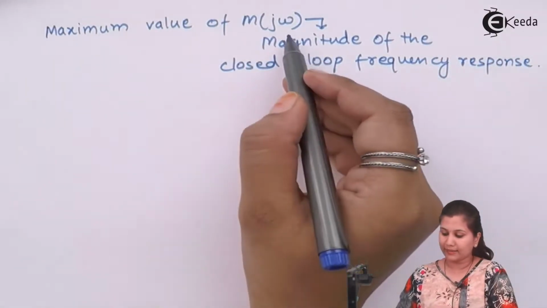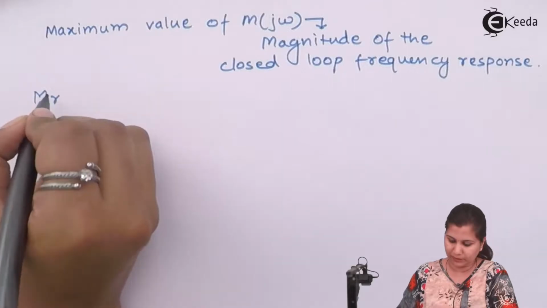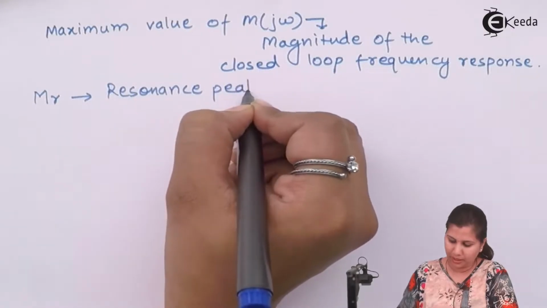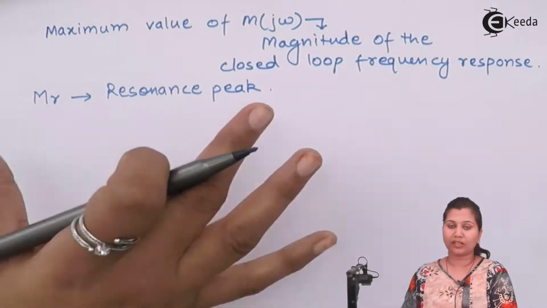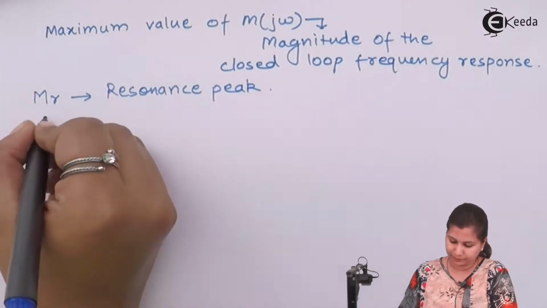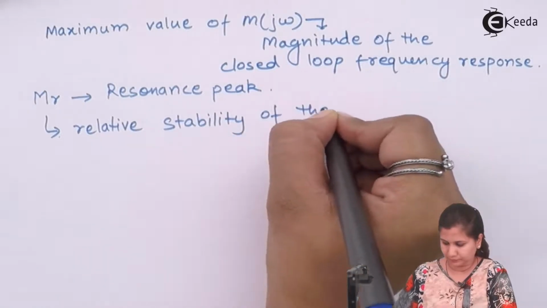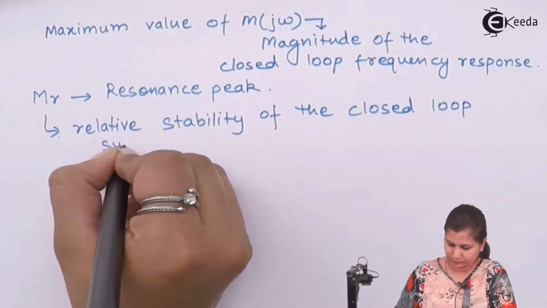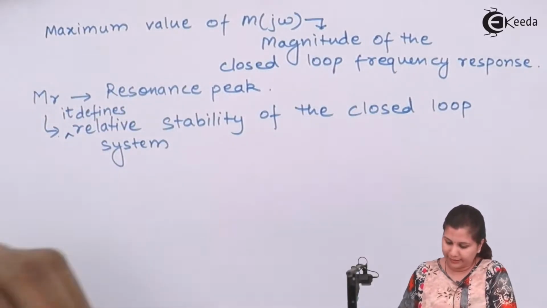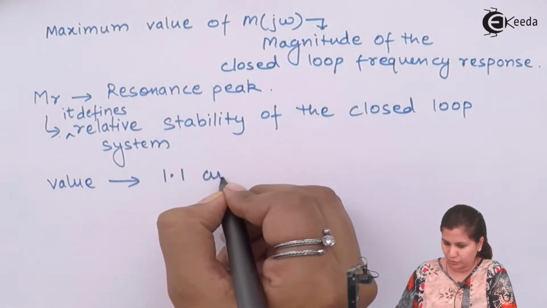So the maximum value of M(jω), or the magnitude of the transfer function, is the magnitude of the closed loop frequency response, and we call this the resonance peak Mr. This specification is useful to define the relative stability of the system, and its value ranges from 1.1 to 1.5.